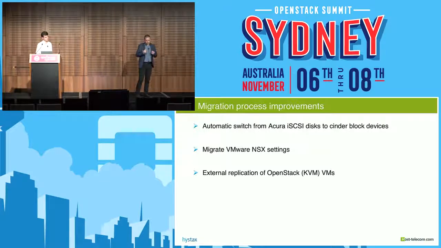Currently, we see 3 main points we would like to cover in the next months and years. First, as I mentioned, when we boot the business application from our iSCSI disks and do this background migration from object storage to regular Cinder block devices, at the point when we have 100% of data in regular Cinder volumes, we need to plan another downtime, another maintenance window, just to switch and boot machines from your regular Cinder driver.